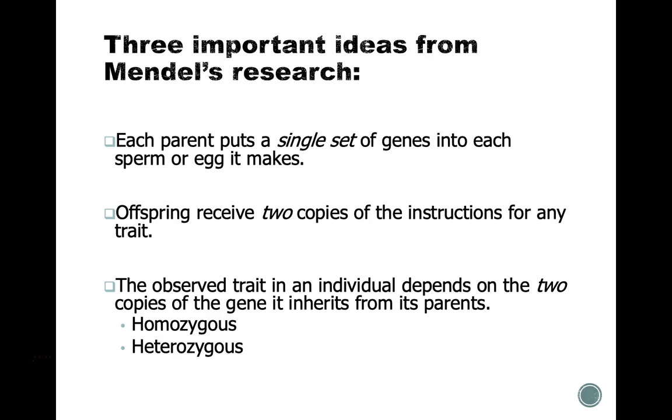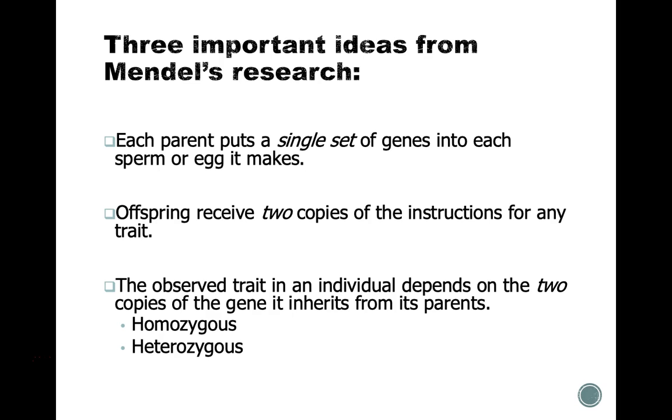Upon fertilization, offspring receive 2 copies of the instructions for any trait. And then finally, that observed trait that an individual possesses depends on which 2 copies or alleles of the gene it inherits from the parents.